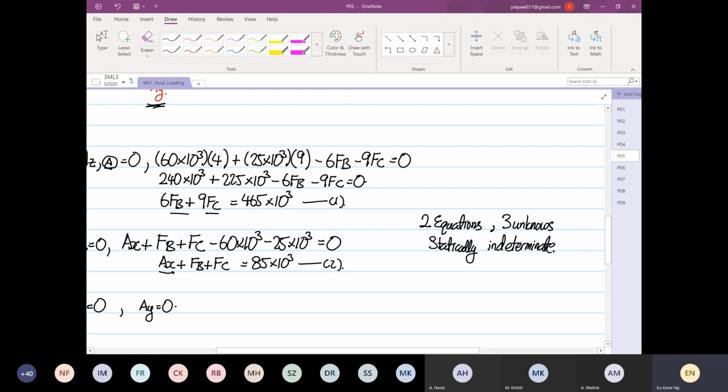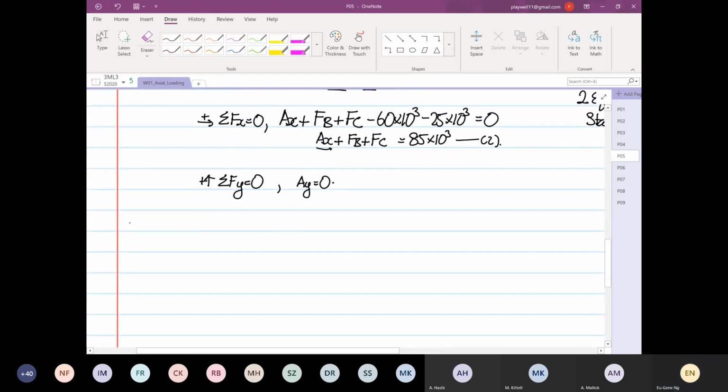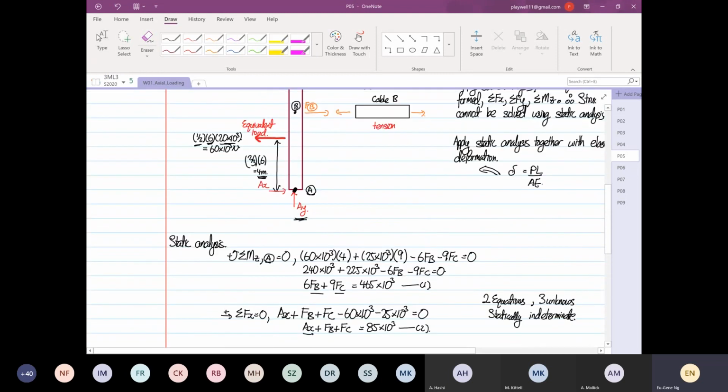So the next thing we're going to do, when there's such a case, we're going to analyze the elastic deformation of the cables, cable B and cable C. Why cable B and cable C?